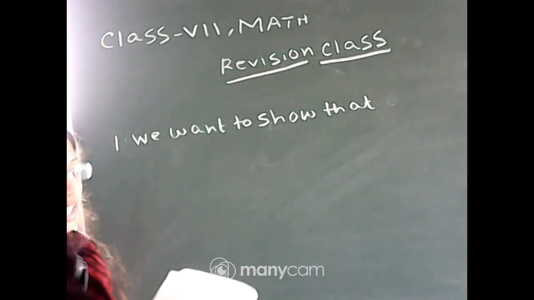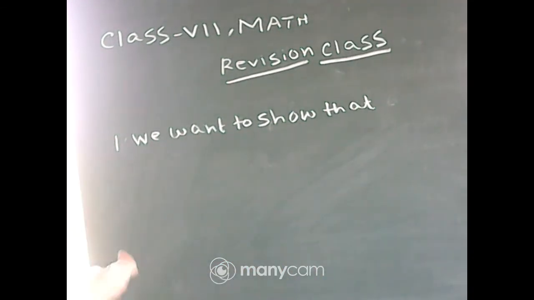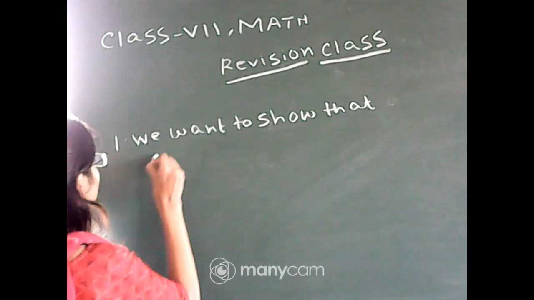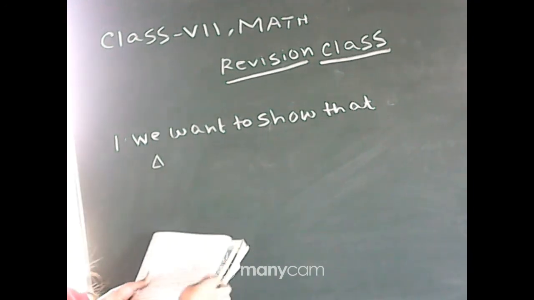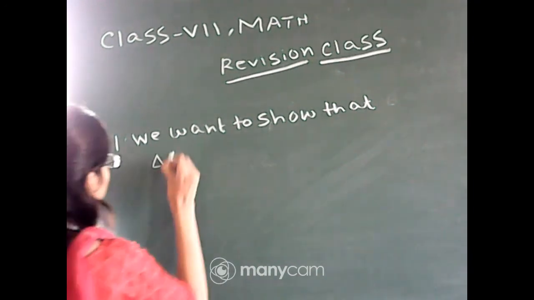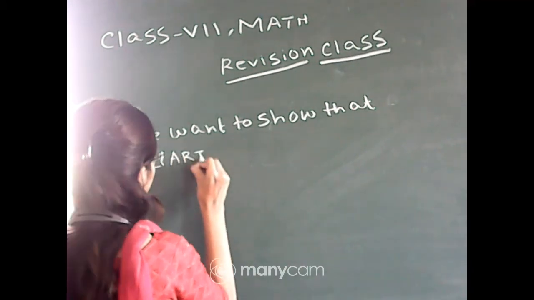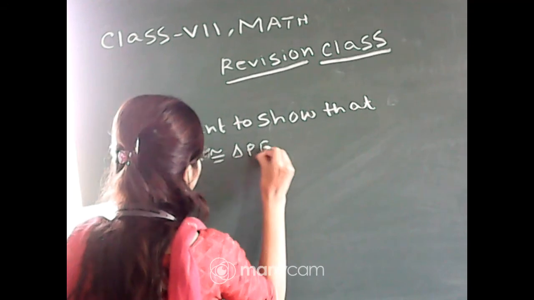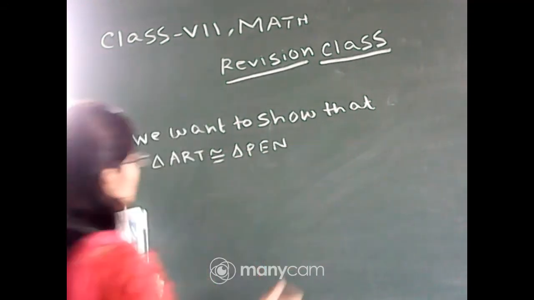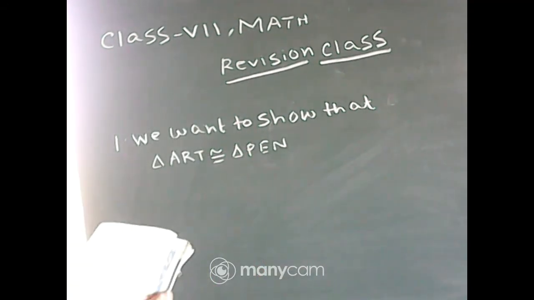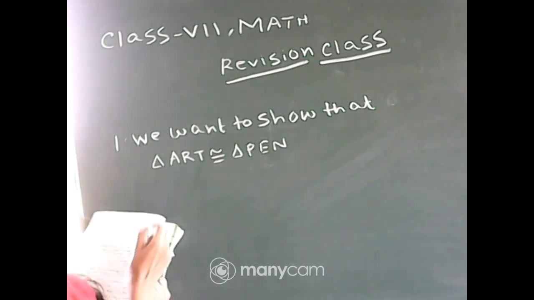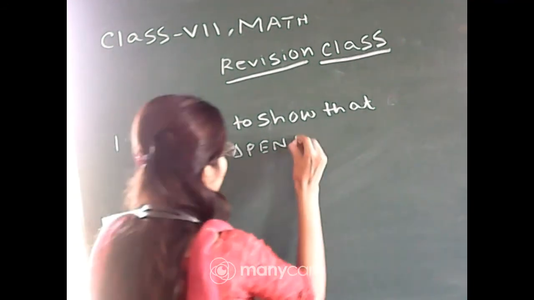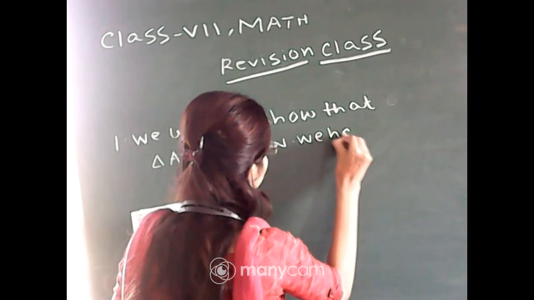First question is, we want to show that triangle ART is congruent to triangle PEN. We have to use SSS criterion.